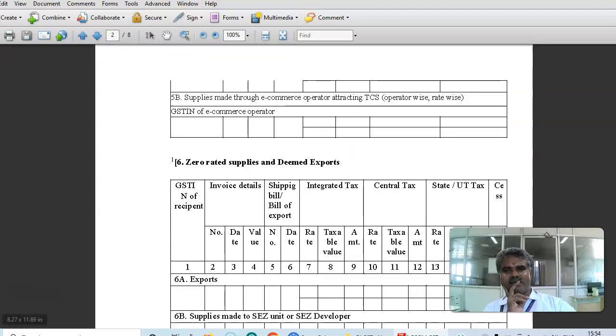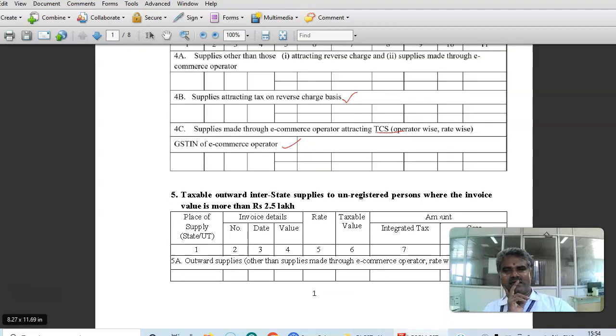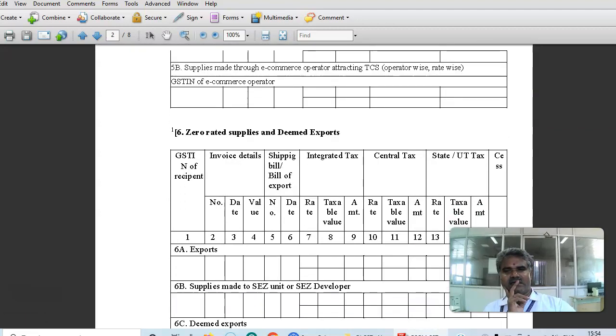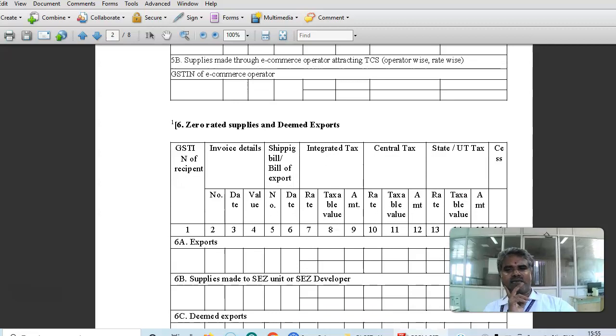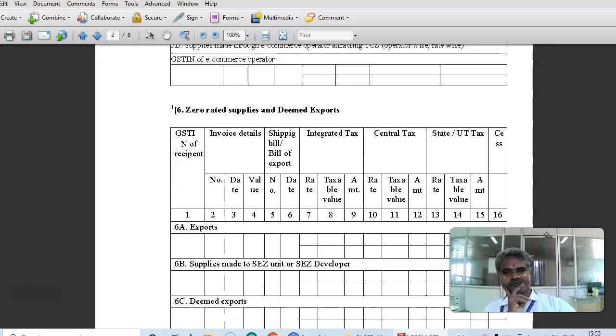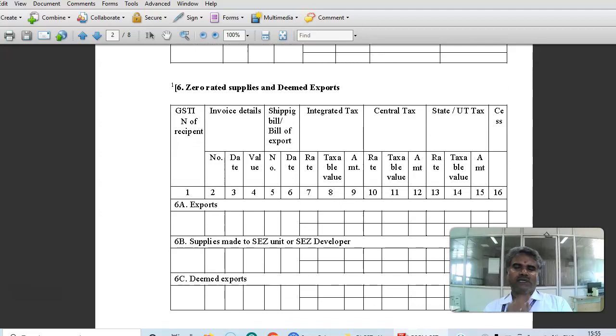Then taxable zero rated supplies and deemed export. Suppose you supply any goods that are zero rated. Zero rated means you need not collect any tax from the buyers.